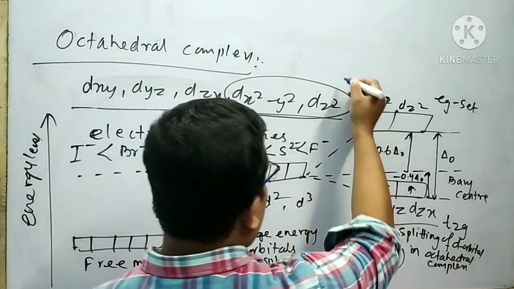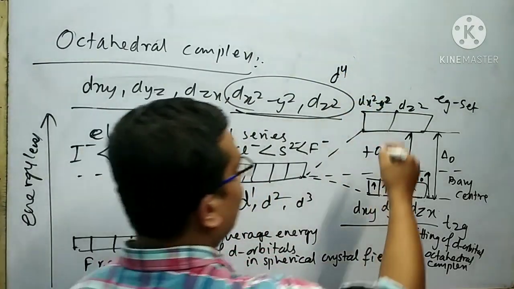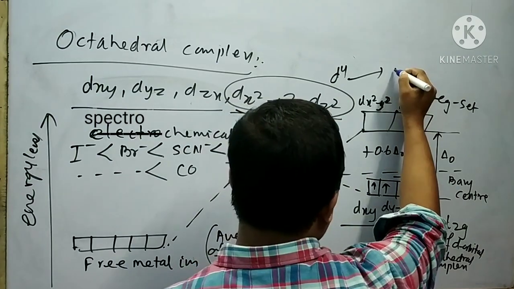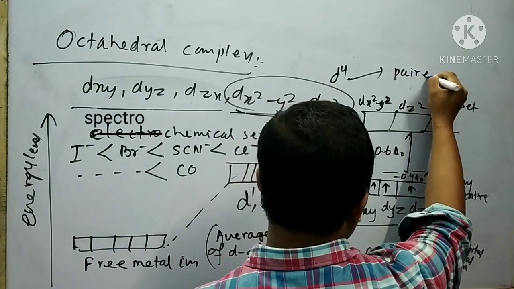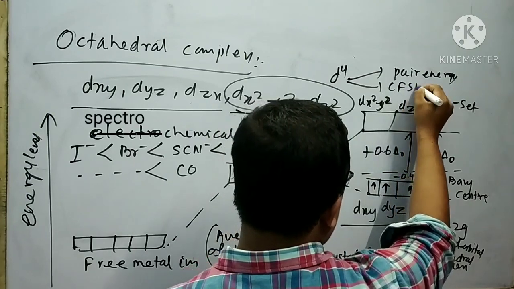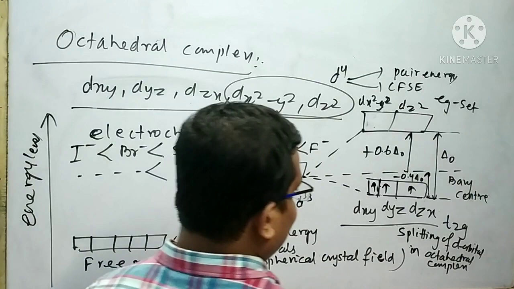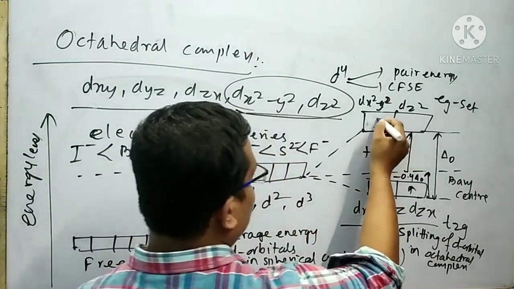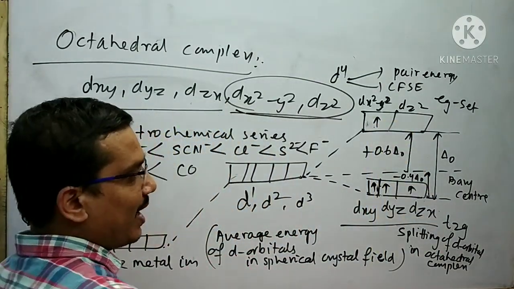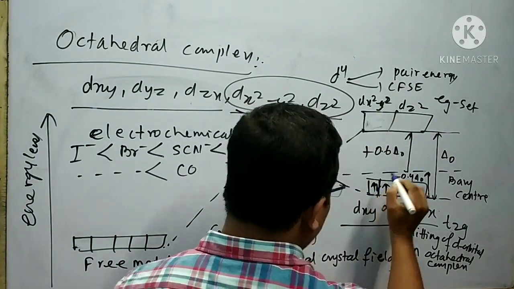Suppose I want to draw the d4 electronic configuration, then it depends upon two factors. One is pairing energy, another is crystal field stabilization energy. If the pairing energy is more, then the fourth electron is present here. If the pairing energy is less, then the fourth electron is present here.